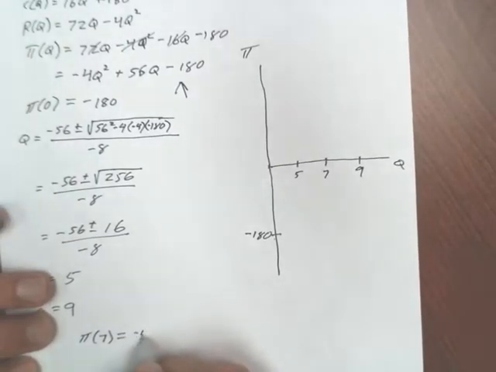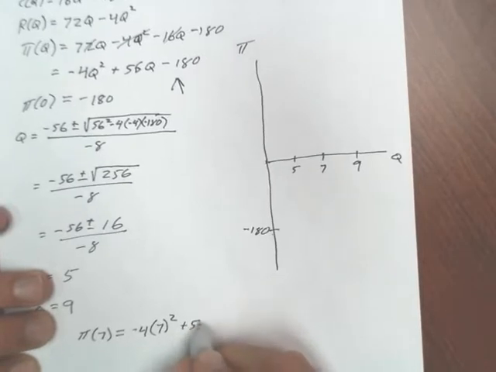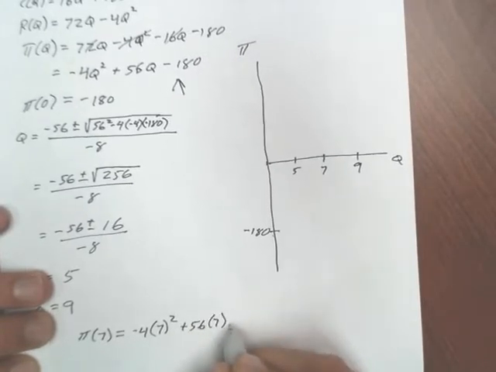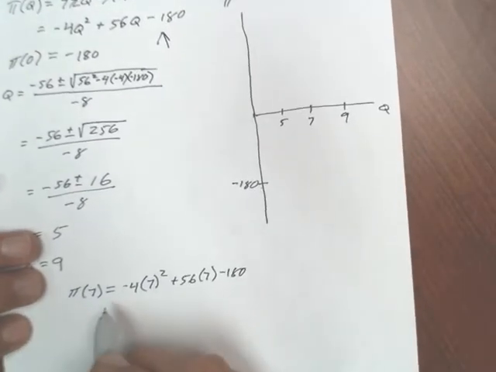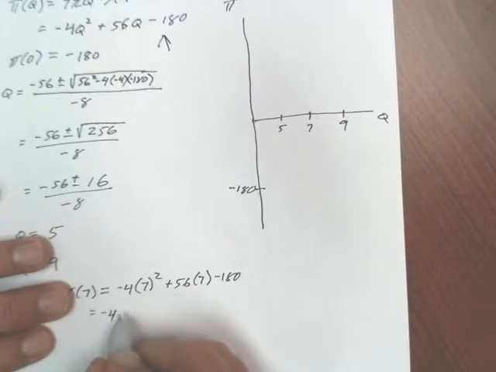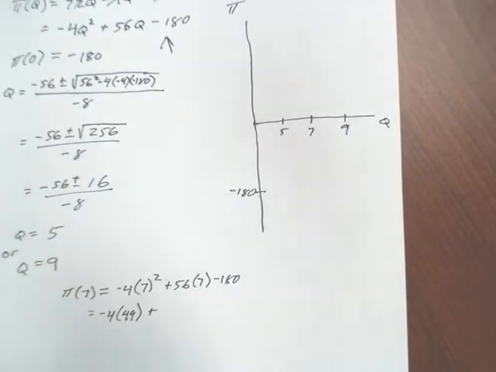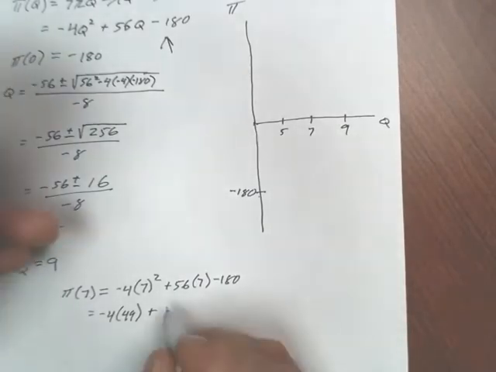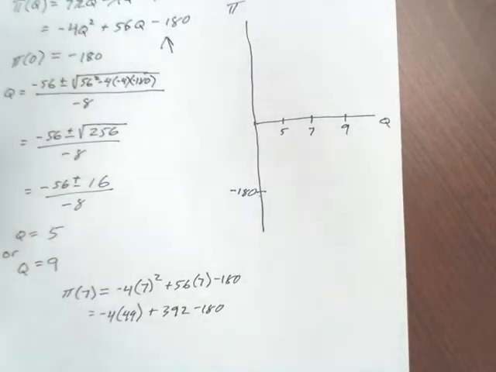So pi of 7 equals negative 4 times 7 squared plus 56 times 7 minus 180. This equals negative 4 times 49 plus 56 times 7, which is 392, minus 180.